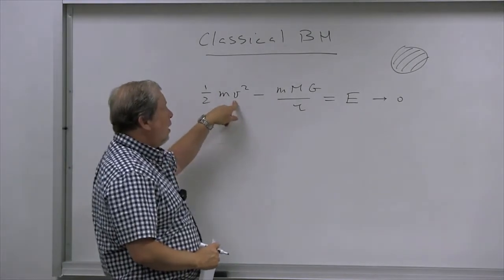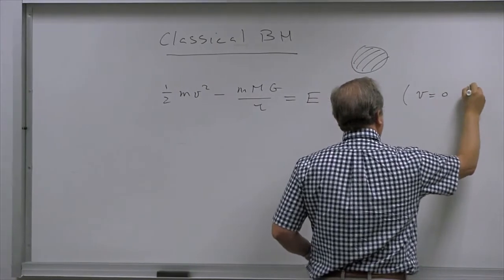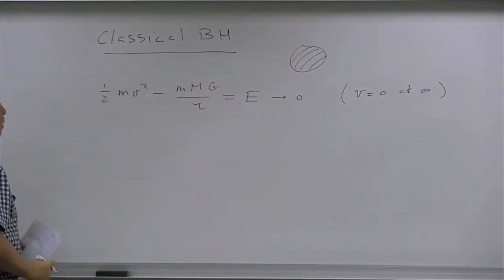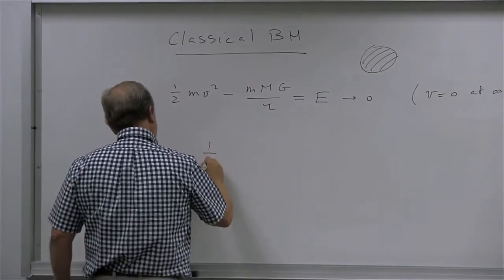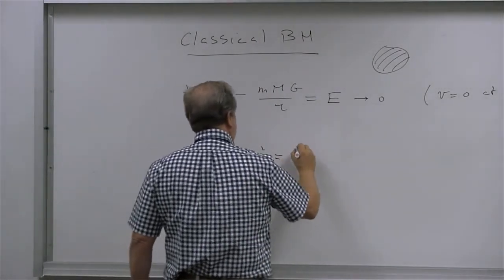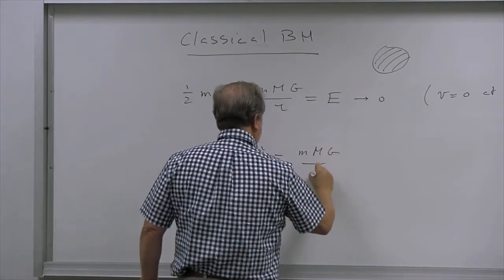So at infinity, the velocity is zero, right? V equals 0 at infinity, and then the potential also is 0, right? And so that gives you the escape velocity because you just have 1/2 mv squared is equal to little m times big M times G divided by r.